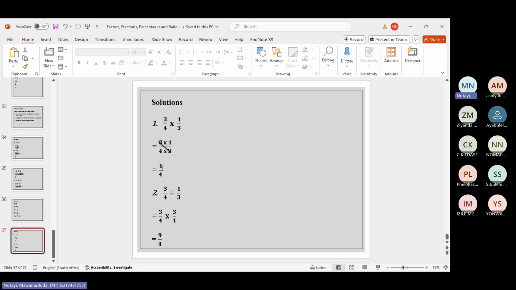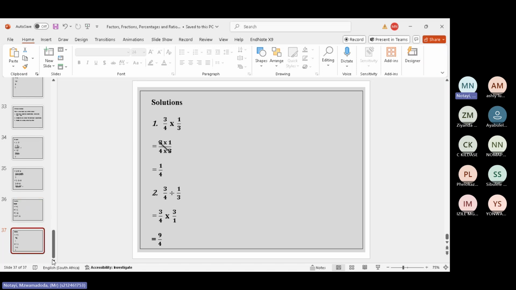So I see you got that one correct, guys. The second one is 3/4 divided by 1/3. So we invert the second fraction and change the division into multiplication. So we have 3/4 multiplied by 3/1, which gives us 9/4.